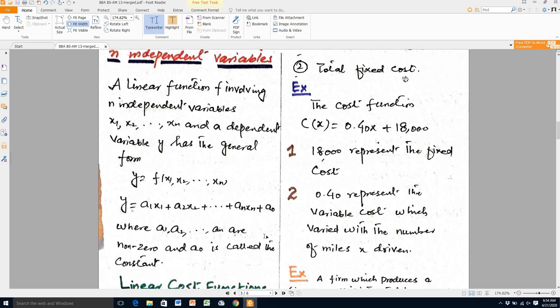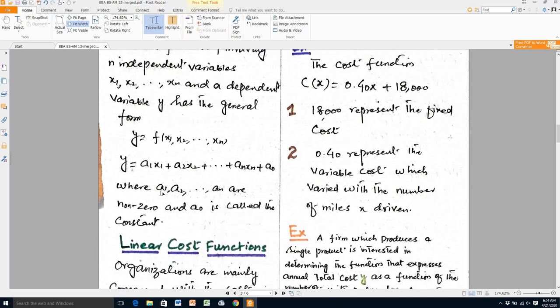We know very well that these constants a1, a2, so on an are non-zero. If any one of these is equal to 0, then it is not called a function of n variables. And this a naught is called the constant.